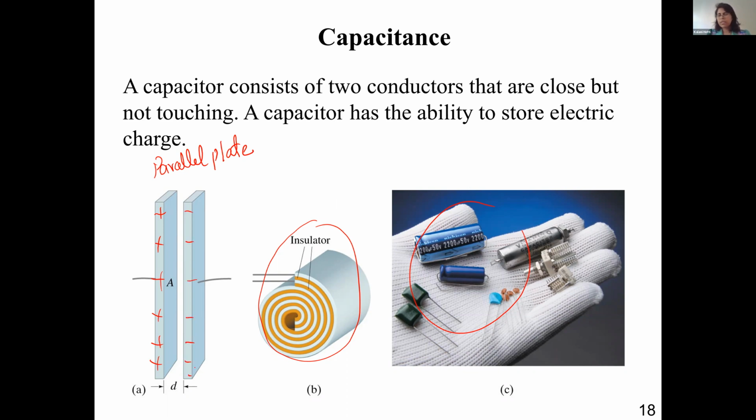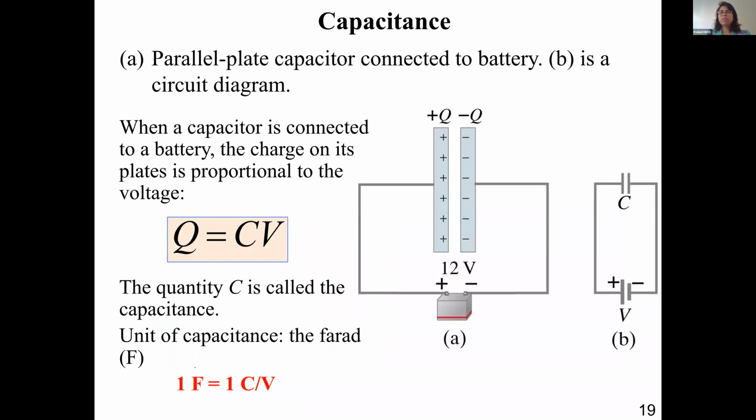Now in this capacitor, we can write the charge of the capacitor as some constant times the potential difference of the two plates. This is the potential difference, and C we call the capacitance. We measure capacitance in units of farad, which is coulombs over volt.